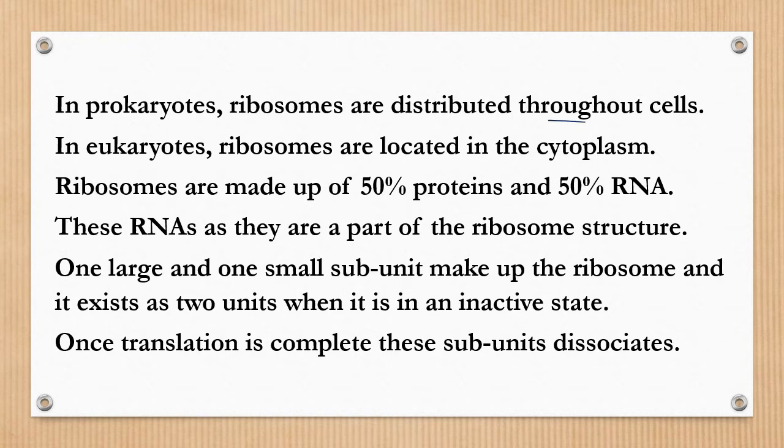And in eukaryotes, ribosomes are located in the cytoplasm, and some of the ribosomes are also attached to parts of the cell, such as the endoplasmic reticulum. So it is present in the cell cytoplasm only.